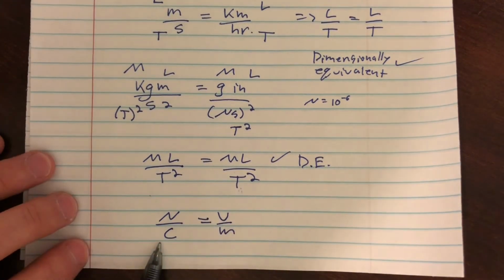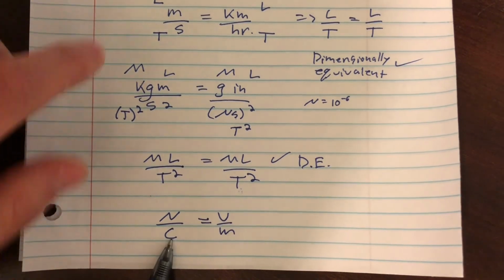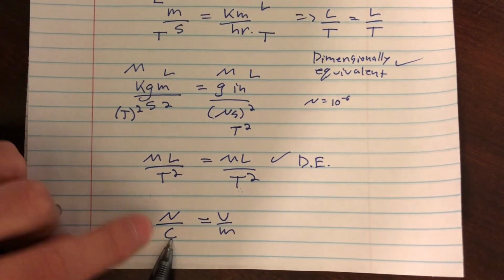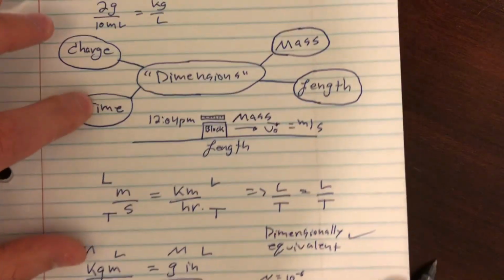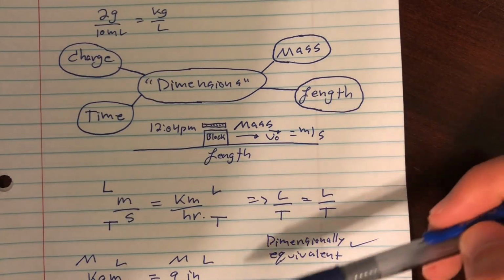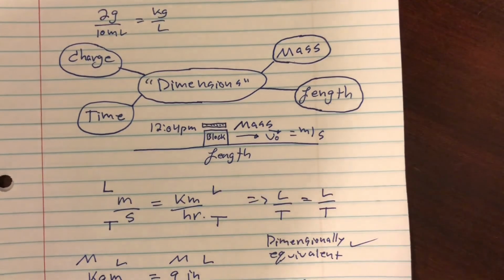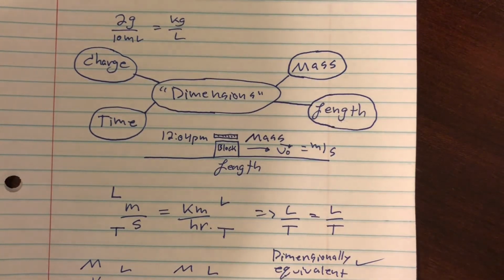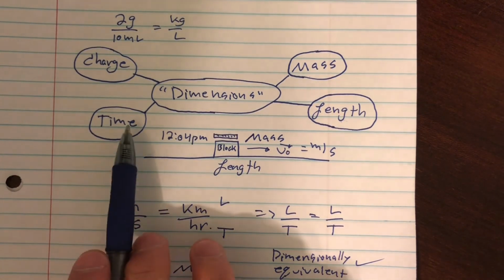Coulomb, that is going to be a unit of charge. So you can't break a unit of charge up into any of these other three units, time, mass, or length, because charge itself is just a fundamental property of matter. So you can't really break it up into anything smaller.